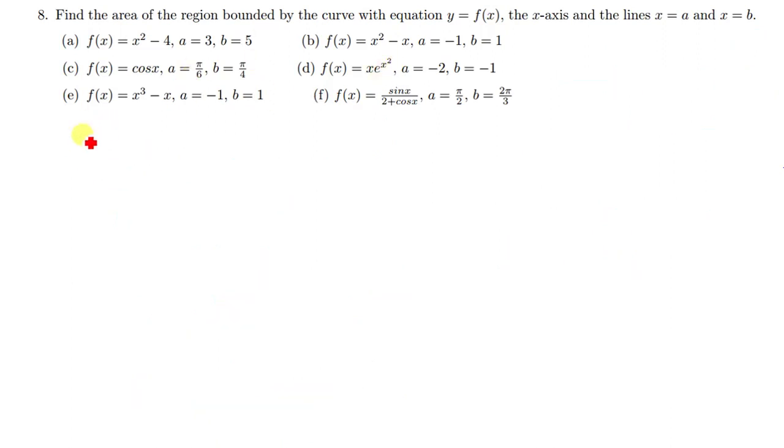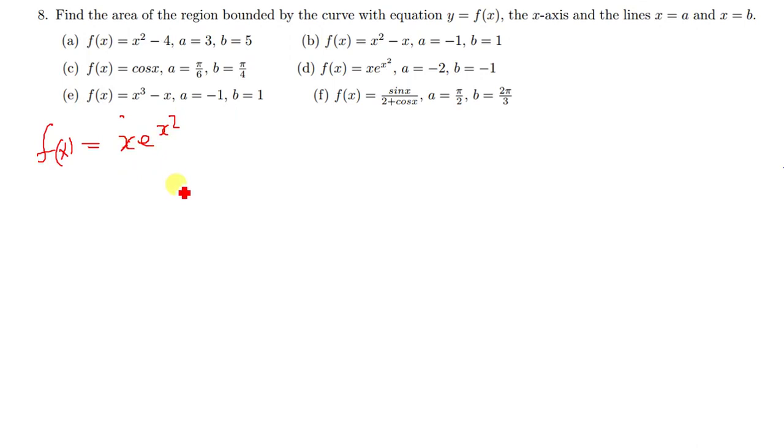So we have our f of x being equal to x e to the power x squared. So this is our f of x.